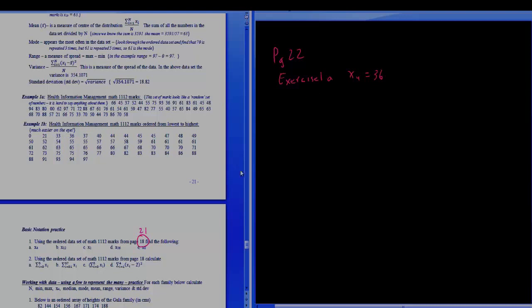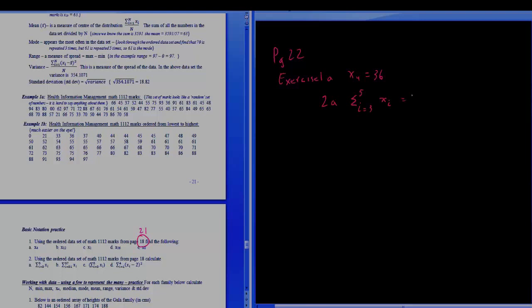I'm not going to go through all of them, you can try the other ones for yourselves. Then exercise 2a, I want the sum from i equals 3 to i equals 5 of xi.